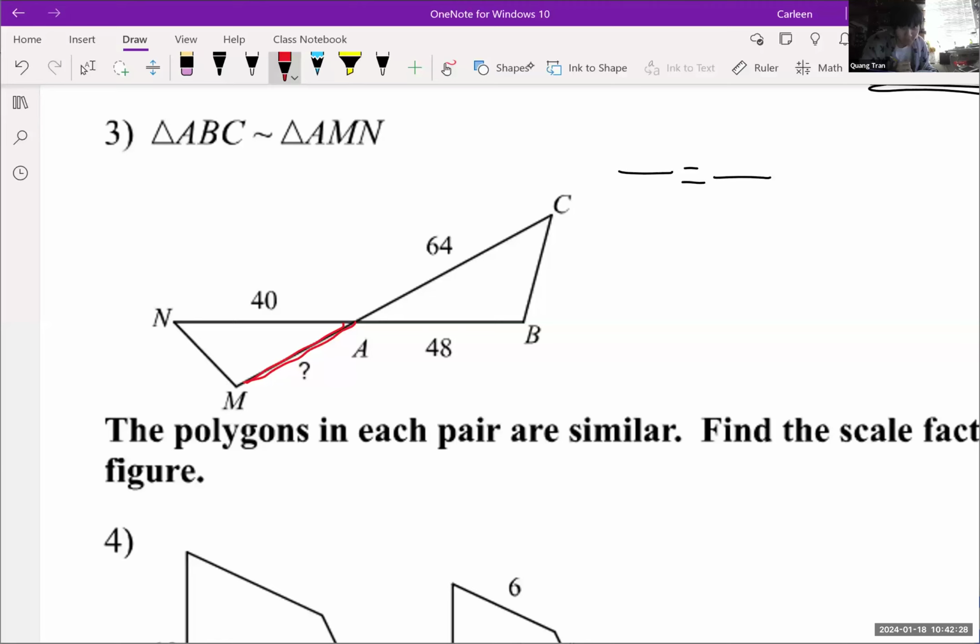So AM is going to be in proportion to AB. Okay, because it says so in the similarity statement. AM and AB, and then we're going to have AN with AC. Awesome.